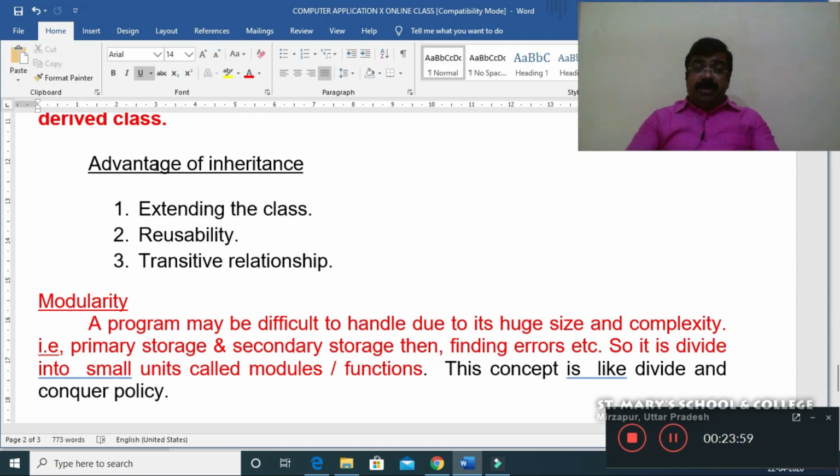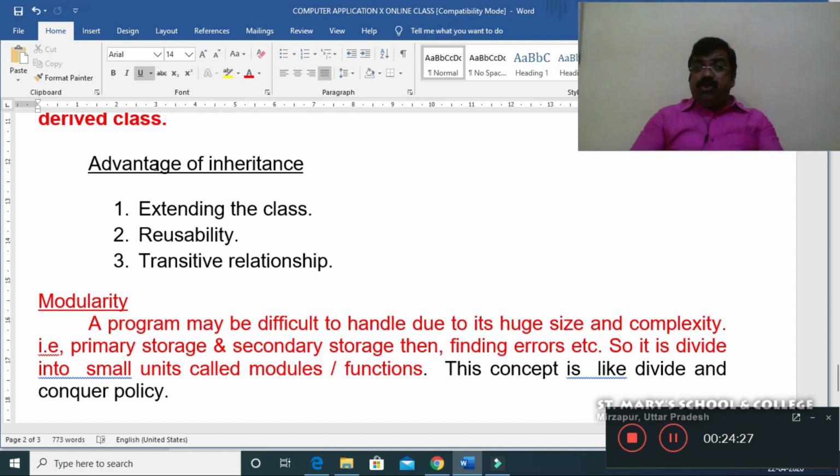So what happened? That particular house is extended, when we made a few rooms on the ground floor as well as one more floor there. Now what do we say about reusability?